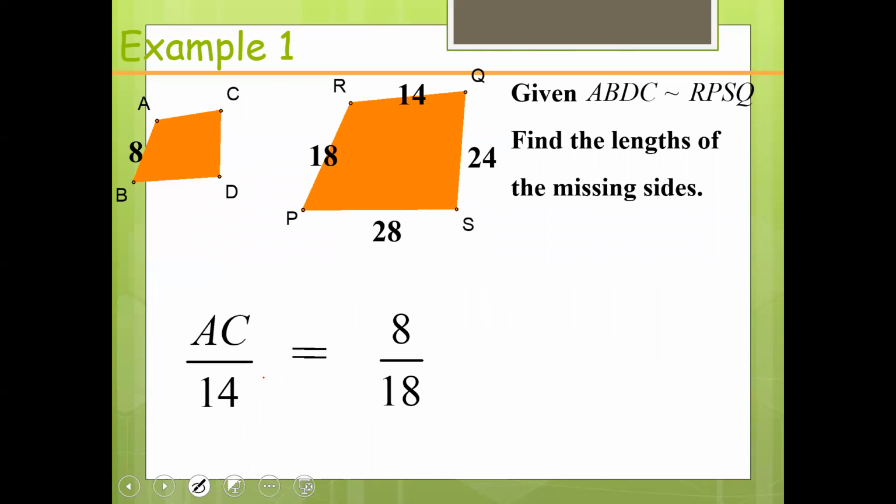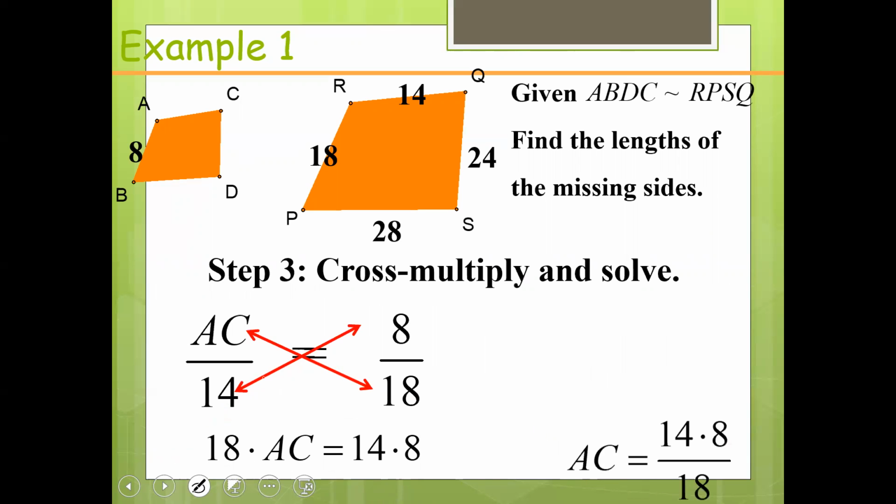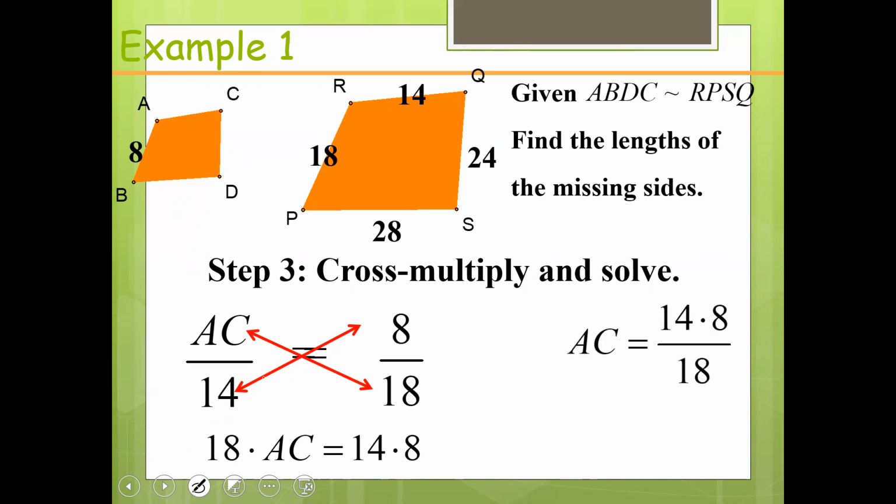So just do cross multiplication and then solve. 18 times AC is equal to 14 times 8. And we know that 14 times 8 is, how much is that? 56, but I will reduce it first by 2.